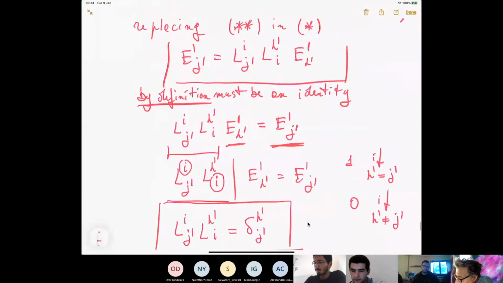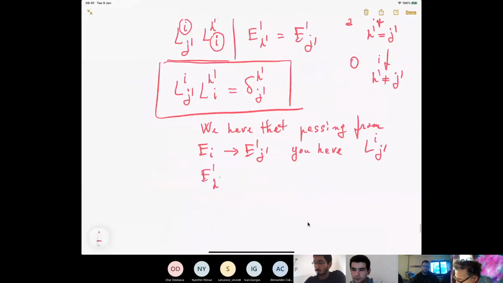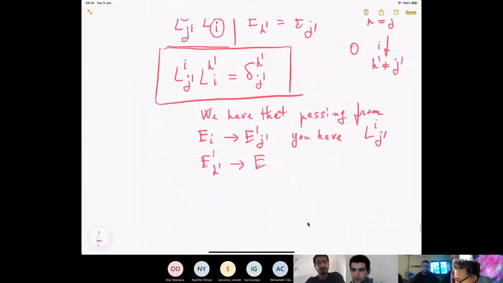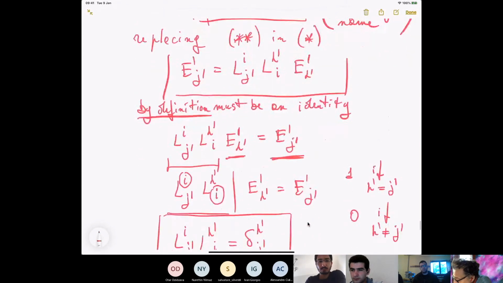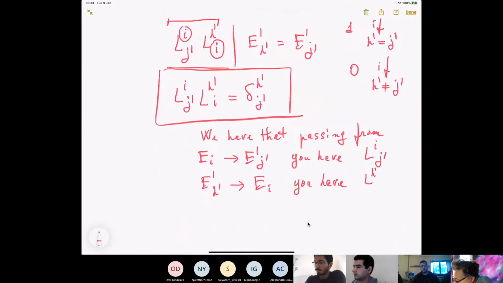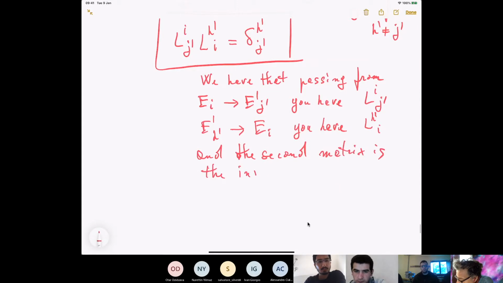Then passing from E'_{h'} to E_i, you have L_{h'i}, and the second matrix is the inverse of the first one.